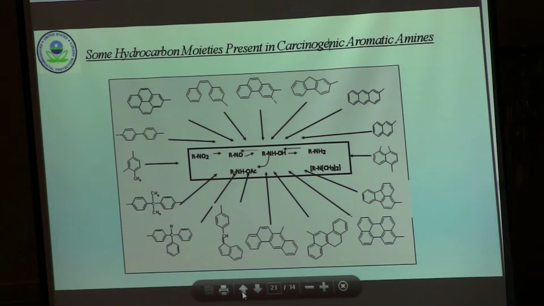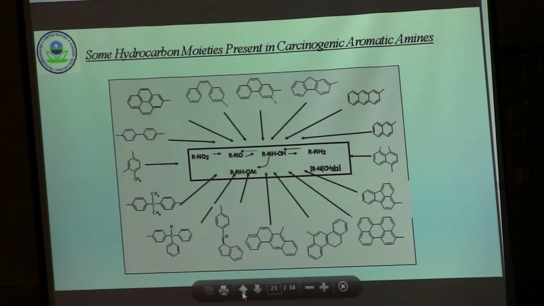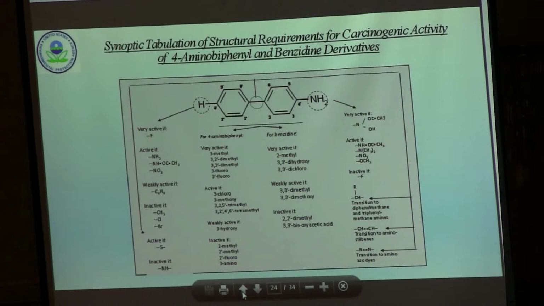So carcinogenicity data are available for SAR analysis of aromatic amines with different ring structures, and also with different substituents at different positions. We know which substitution at what position makes one more carcinogenic than another.